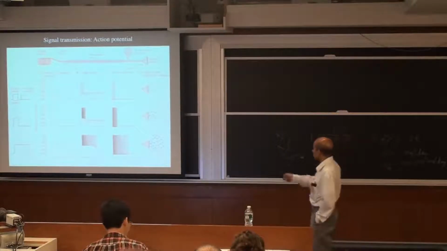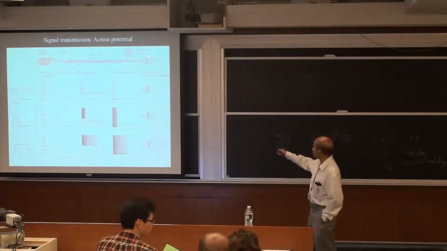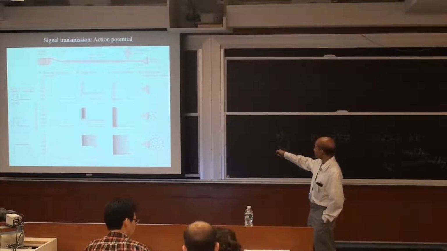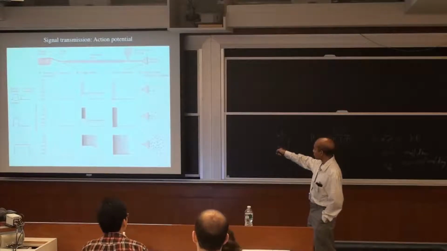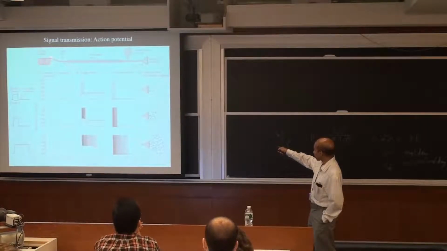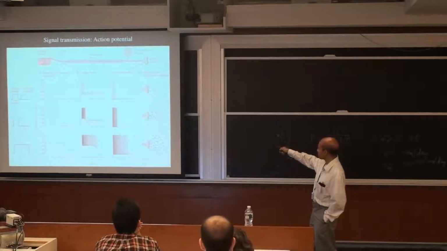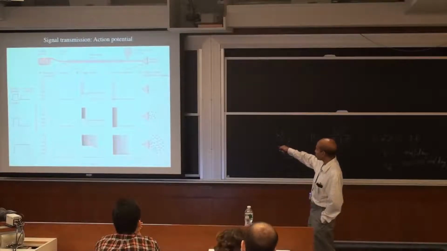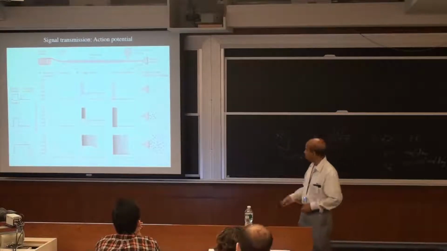So what happens? This is a long axon. It is one end of the axon. It may be connected to something that sends a signal, and once that signal comes as an electrical impulse, and we'll get to it in a minute, it is usually a voltage spike.